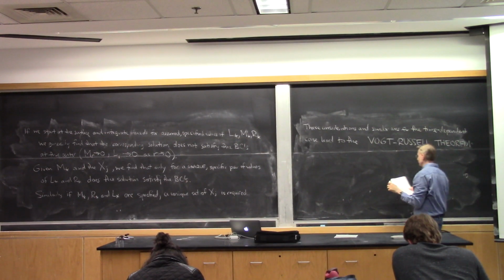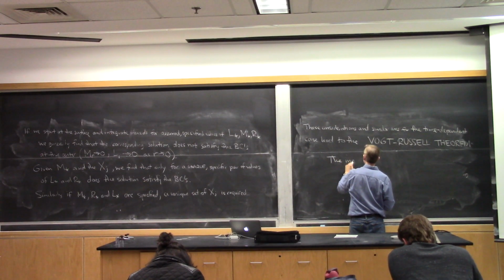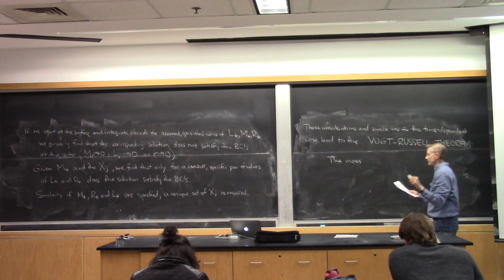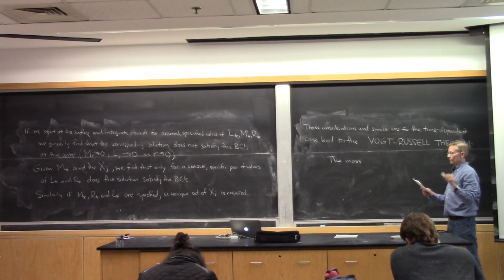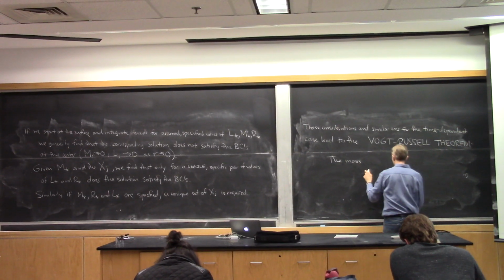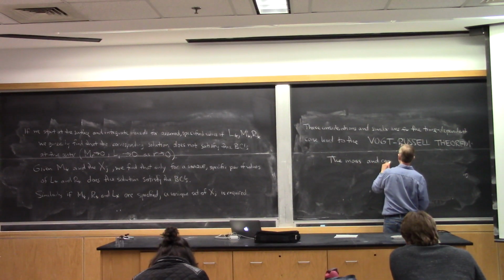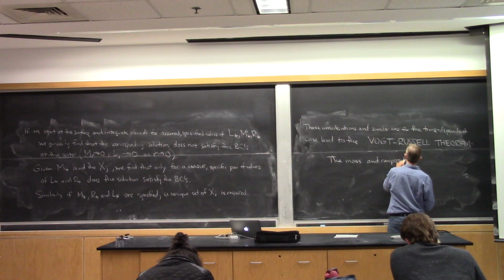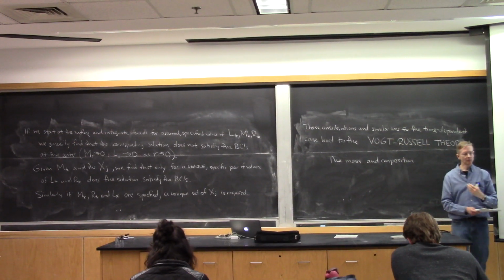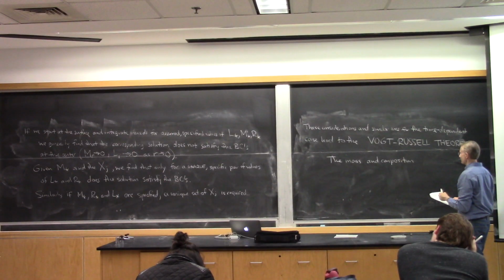The Vogt-Russell theorem says the mass and composition of a star uniquely determine its radius, luminosity, and internal structure, as well as its subsequent evolution. It's a little bit of a lie, because there's also some dependence on its overall angular momentum, magnetic field, and so forth.